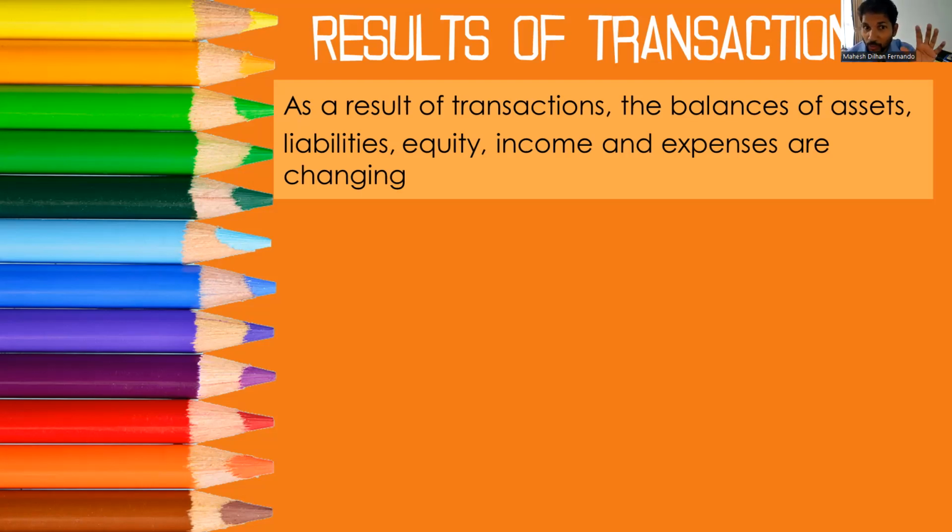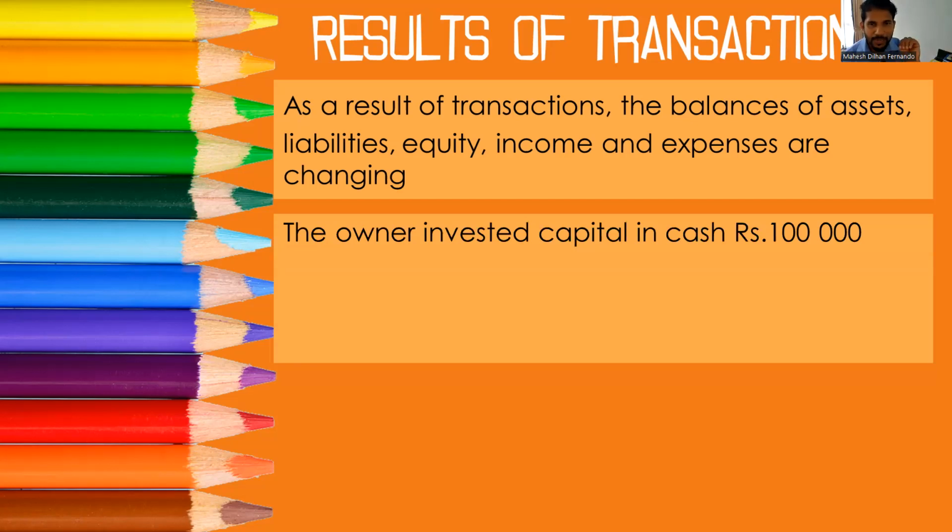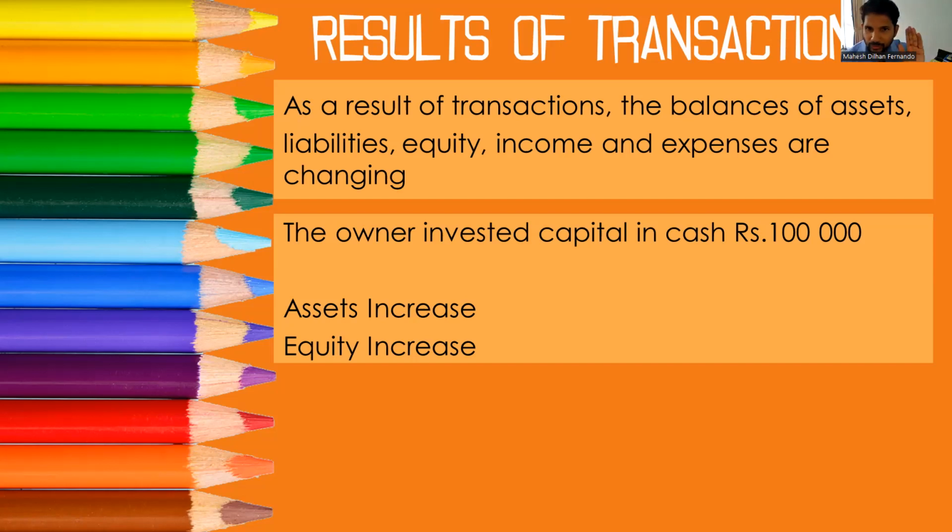Let's say the owner invested capital in cash 100,000. What happens? Assets increase and equity increases, 100,000 each. Are we clear, Puta? Let me take you to the second one.